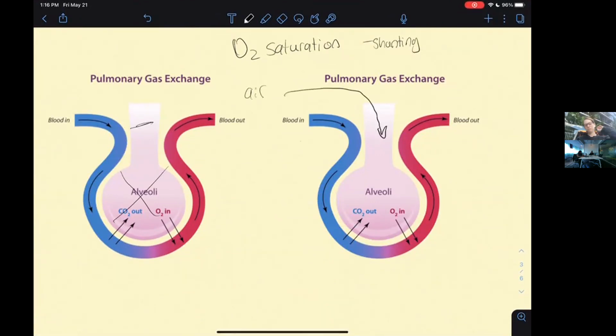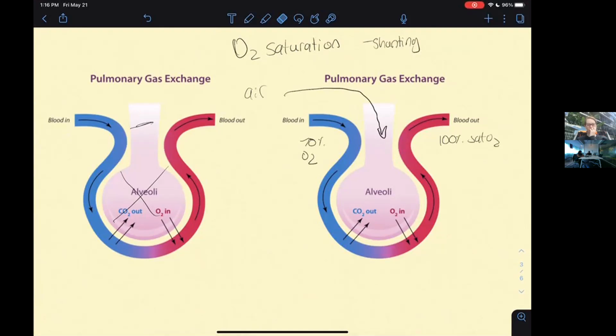And you still have your 70% O2 saturation in your venous blood and your 100% saturation in your arterial blood, because your blood flow is still working in this particular alveolus.